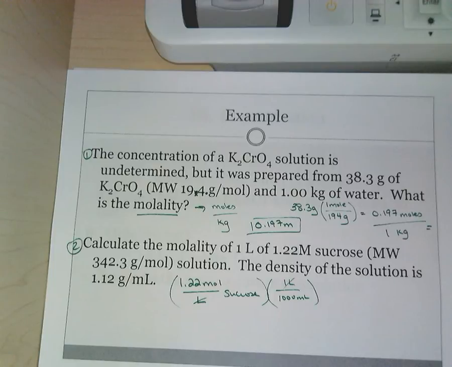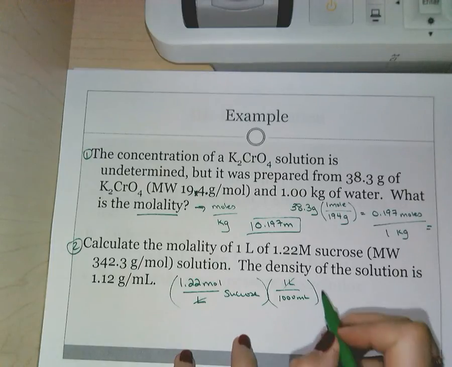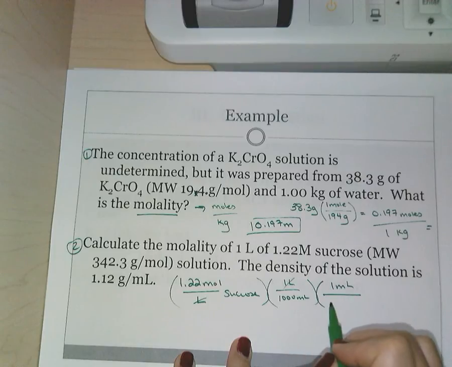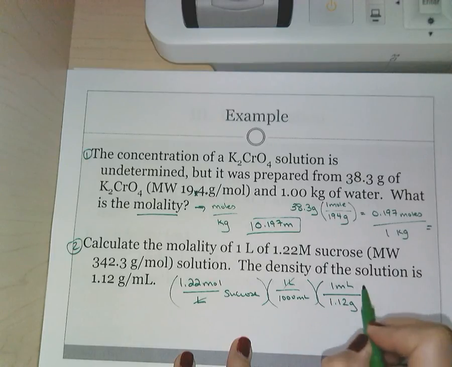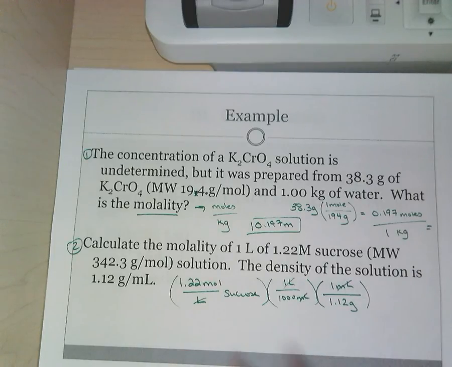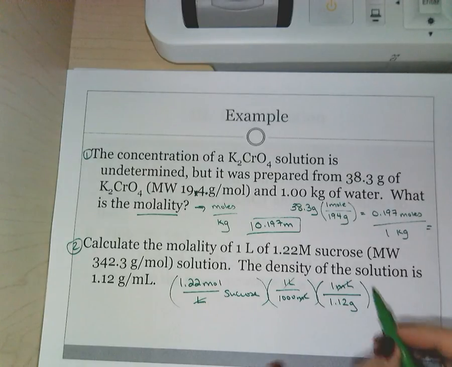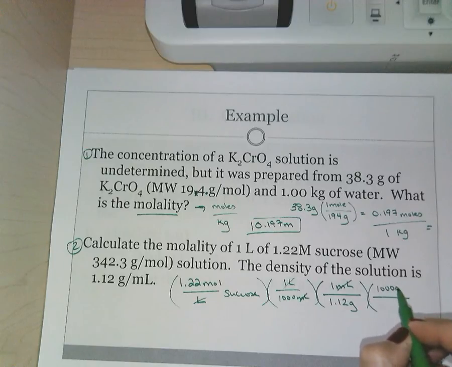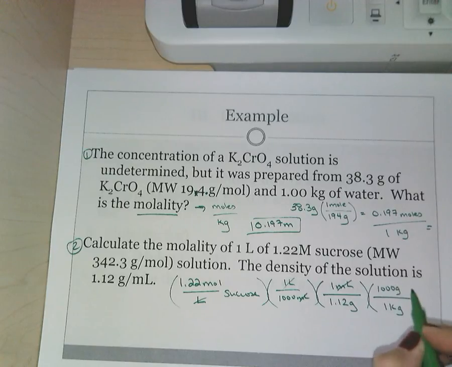Use the density. All right, now I'm in units of moles per gram. So that's the last step I need to do. All right, let's see how that turns out.